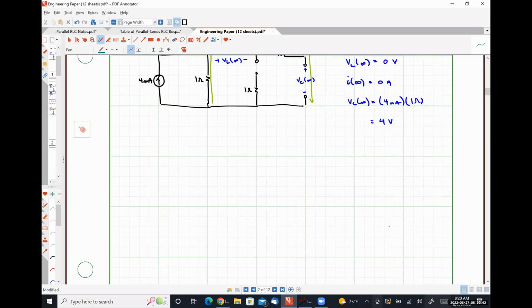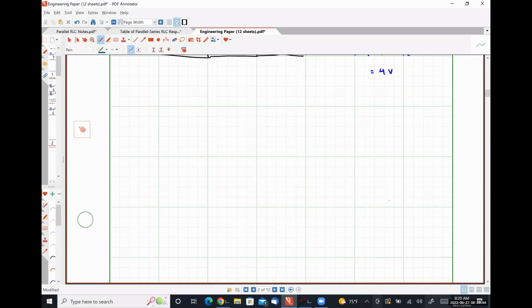All right, so in a critically damped circuit, our current I of t, which is the inductor current, so that's why I'm now denoting it as IL of t, will be of the form A1 t e to the negative alpha t plus A2 e to the negative alpha t plus IL at infinity.